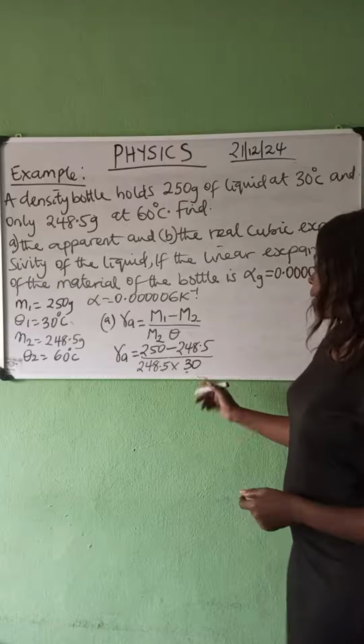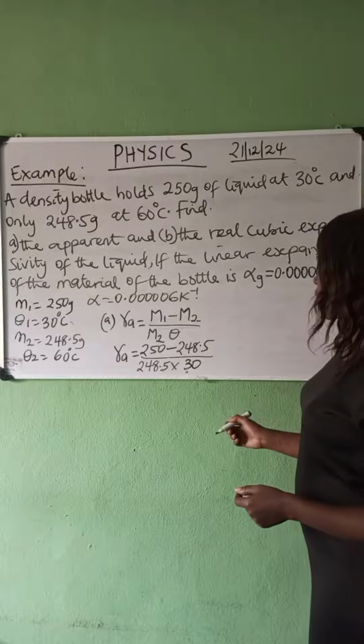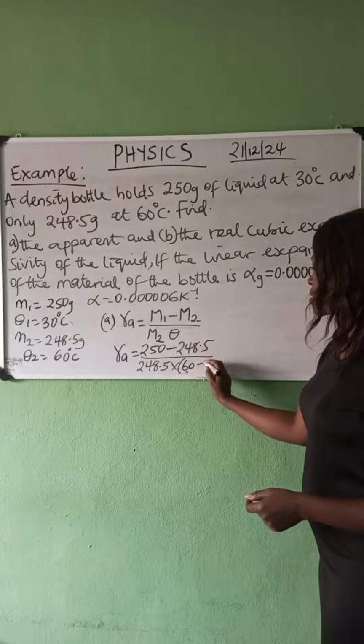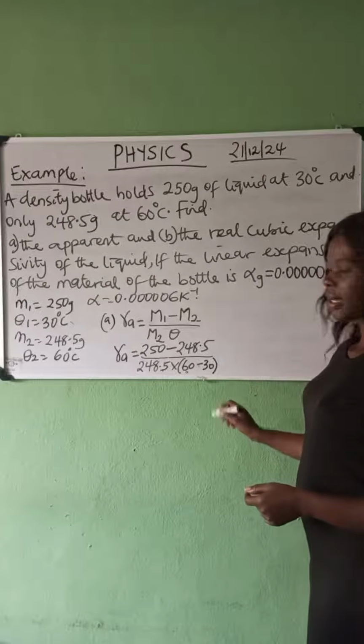Okay? All right. So I can work it out, or I will say bracket 60 minus 30. Is that clear?